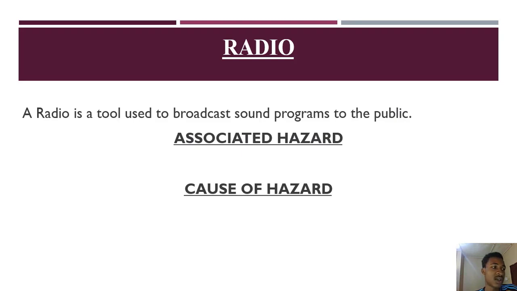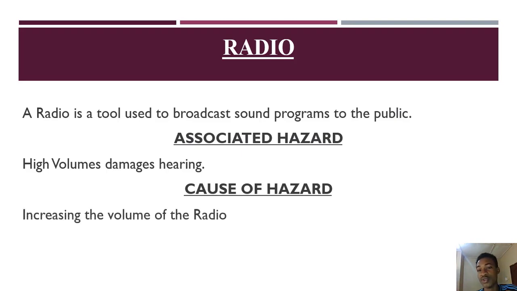The associated hazard of a radio is that high volumes damage hearing. The cause of the hazard is increasing the volume of the radio. When we increase the volume of a radio to a certain maximum, it can cause hearing impairment.